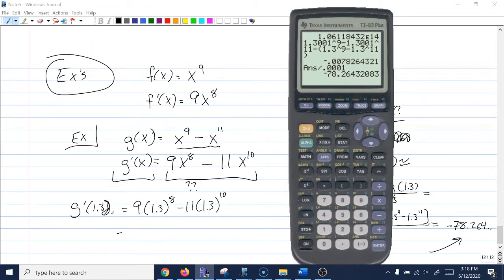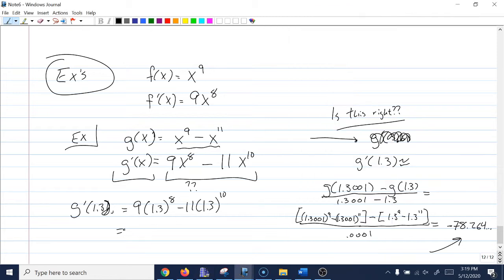What is 9 times 1.3 to the 8 minus 11 times 1.3 to the 10? That one is negative 78.228.